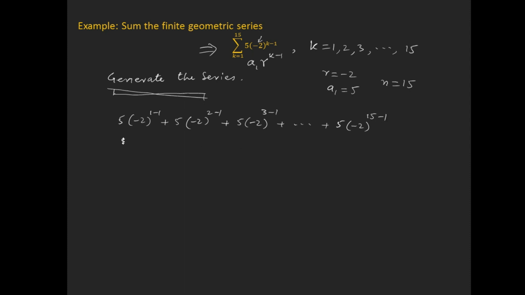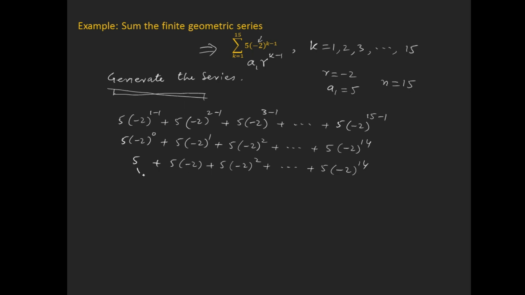So this is 5 multiplied by minus 2 power 0, and then 5 multiplied by minus 2 power 1, and then 5 multiplied by minus 2 power 2, and so on, 5 multiplied by minus 2 power 14.